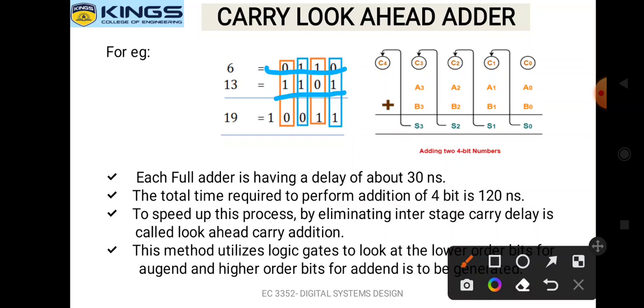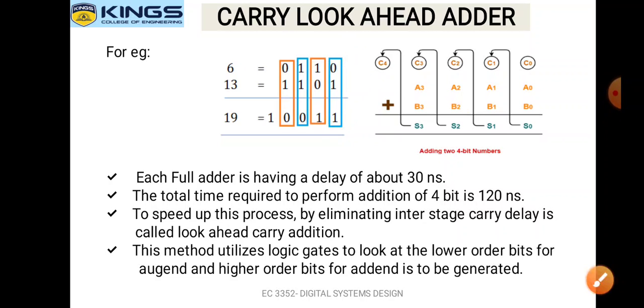Okay, while adding I am going to add these two bits, 0 and 1. 0 plus 1 is 1. While adding these two values, the orange color bits and the blue color bits will be waiting.